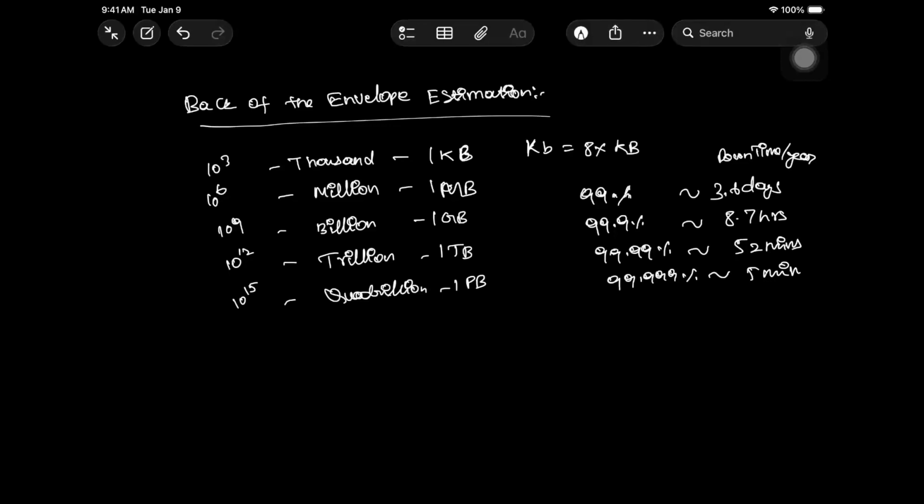So basically we need to choose this if cost permits. If not, at least we need to choose this. If we choose this server, then we'll face a serious issue.